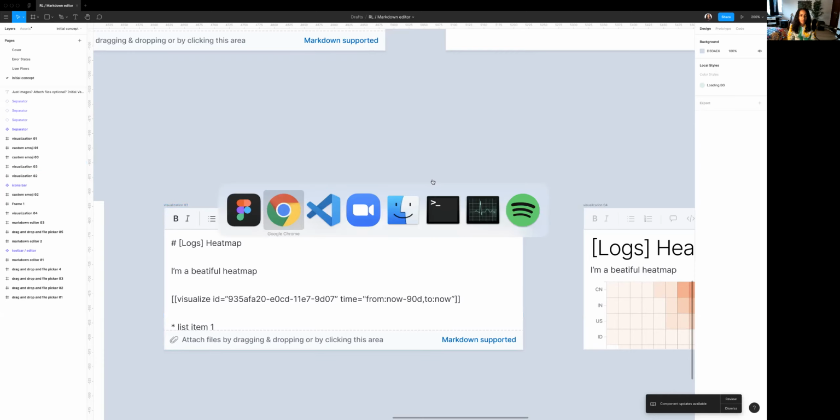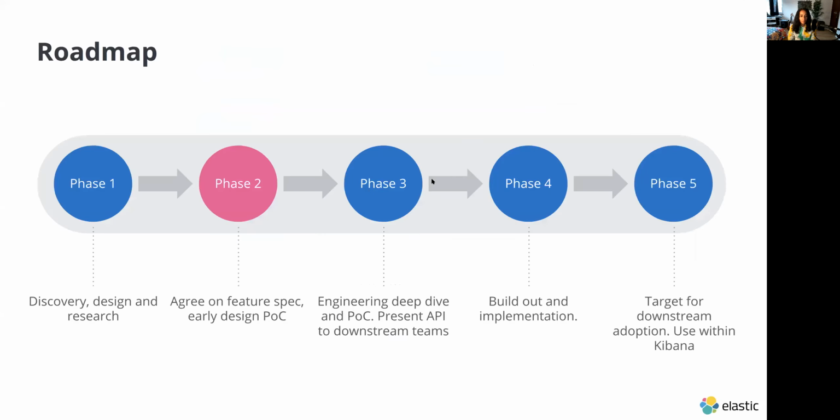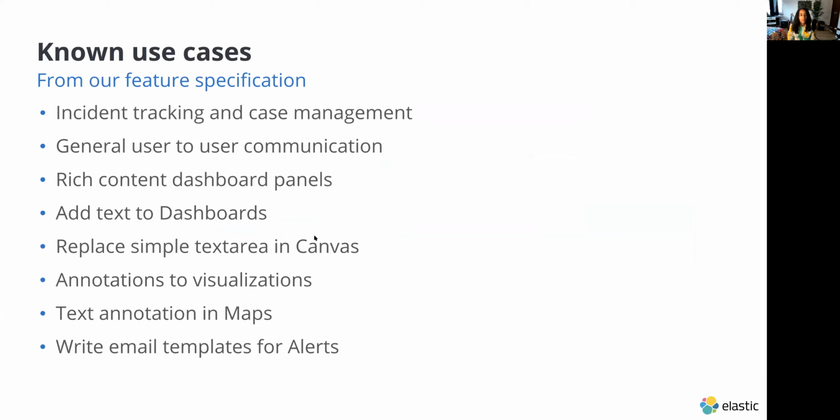So after that, we went to phase 2, to agree on the feature spec. In this feature spec, different teams started saying why they would need the Markdown editor. Different teams would want the Markdown editor for case management, for user communication, for annotations, or even to write emails.